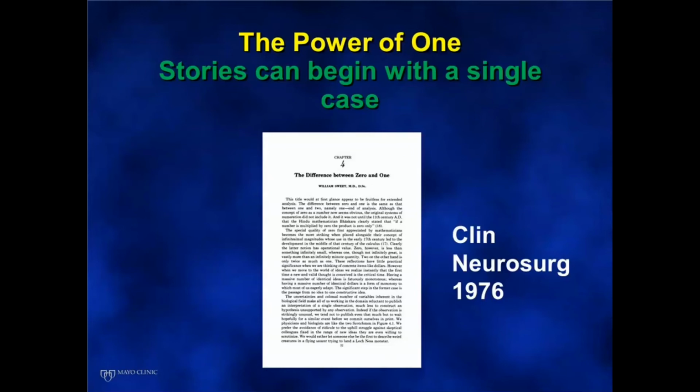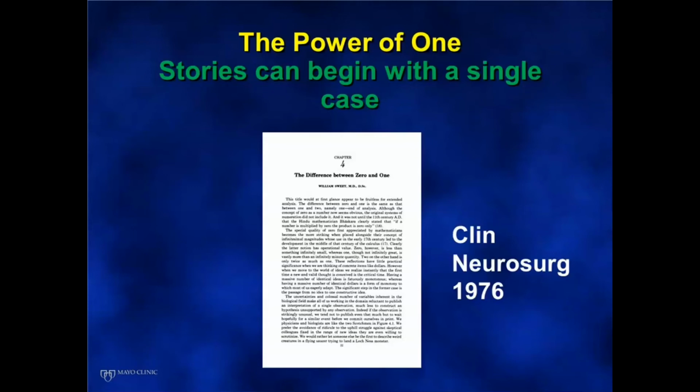So I just wanted to spend a moment talking about the power of one, which is what John Jane would talk about. And the reference is actually from Bill Sweet from MGH, who talked about the difference between 0 and 1. But this is like I'm showing that simple ideas can come from a single case, a single patient, and this is important.